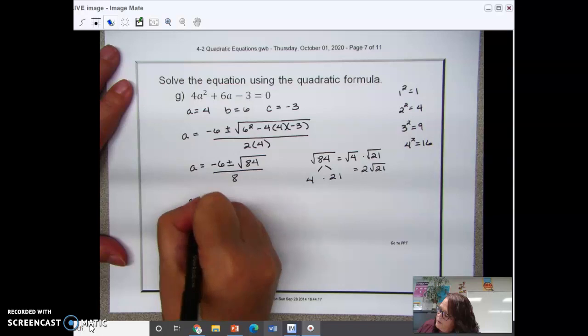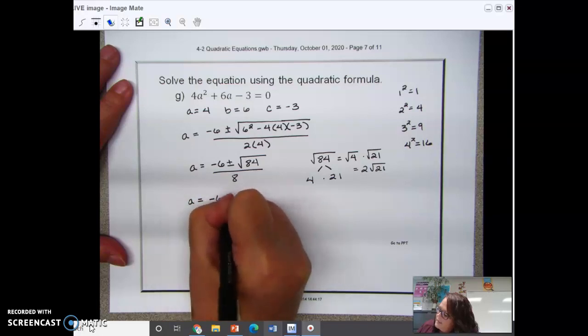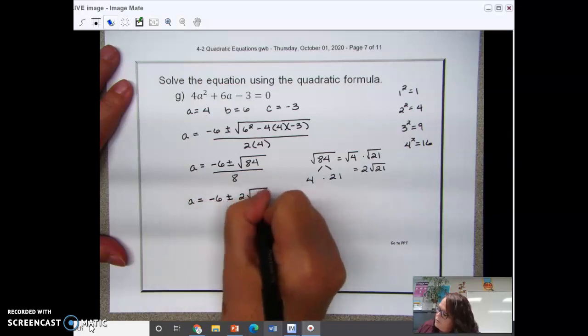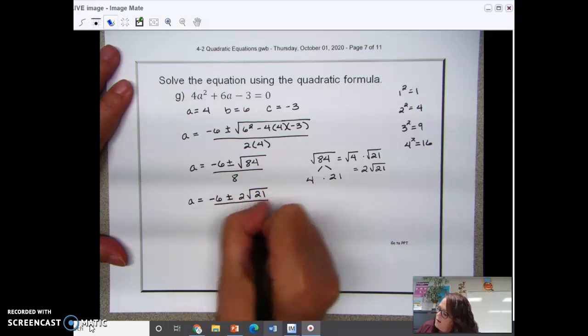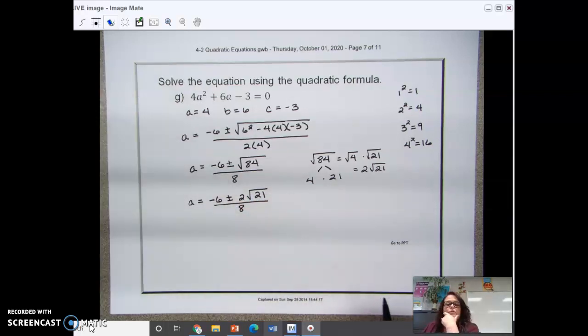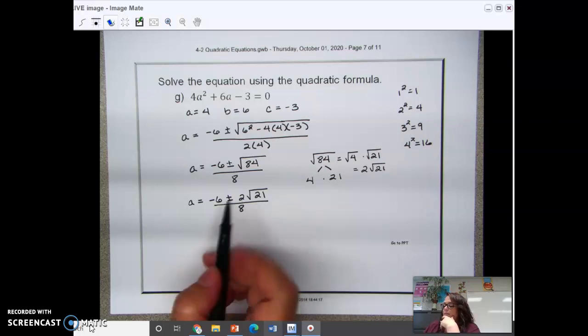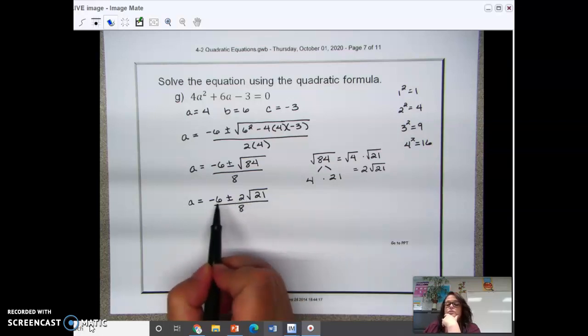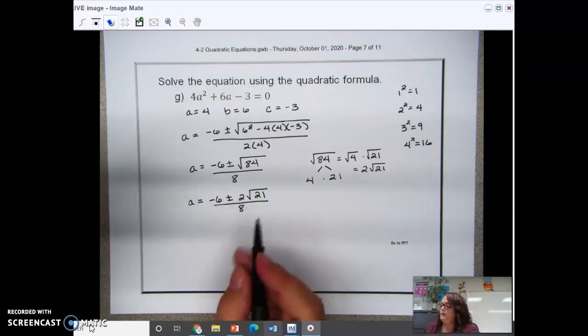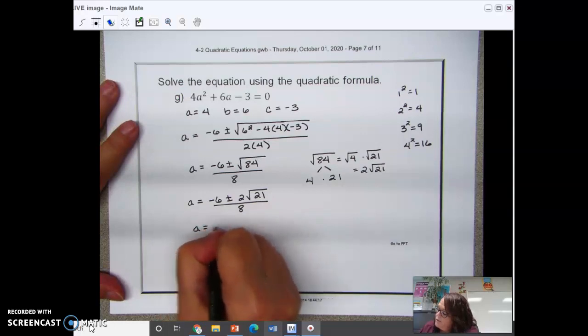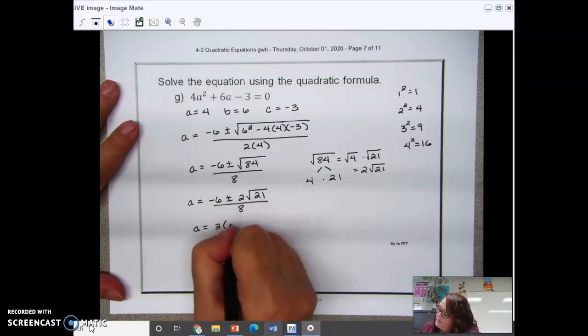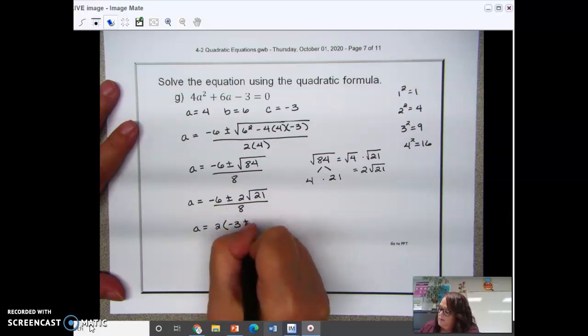So coming back over here, we get x is equal to -6 plus or minus 2 root 21 all over 8. So before I box that and say that that's my final answer, I notice that I have two even numbers now in that numerator. So I can factor a 2 out of there. And so I'm left with 2 times what gives me -6, so that's -3.